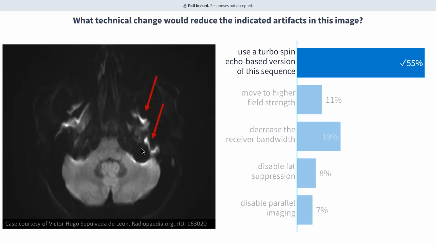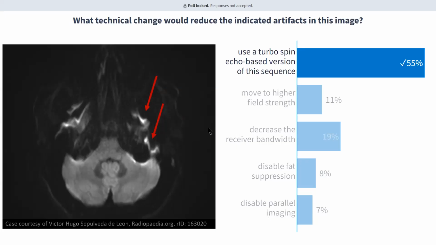There are also manufacturers that make a readout segmented EPI, so you divide each plane into multiple segments rather than traversing all of it in one echo train. So those are the various methods. The most common way to do cholesteatoma imaging is with some non-EPI based version of DWI.